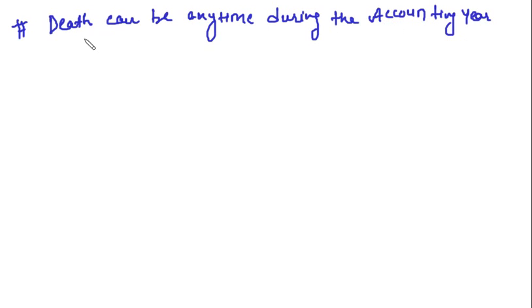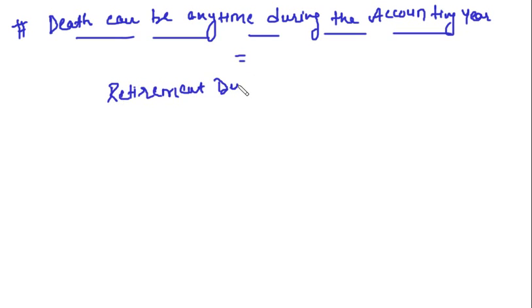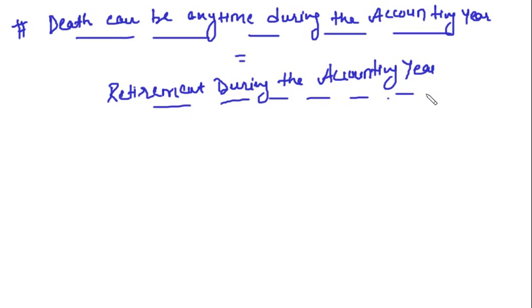That means this case becomes equivalent to retirement during the accounting year. Clear? This is absolutely similar concept. Death during the accounting year, or we can say retirement during the accounting year.